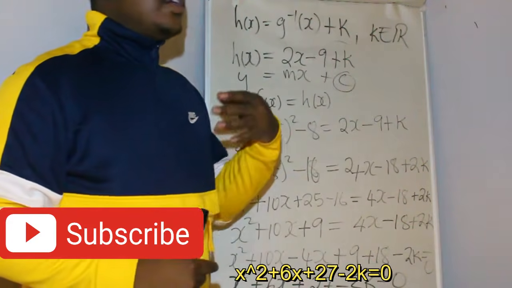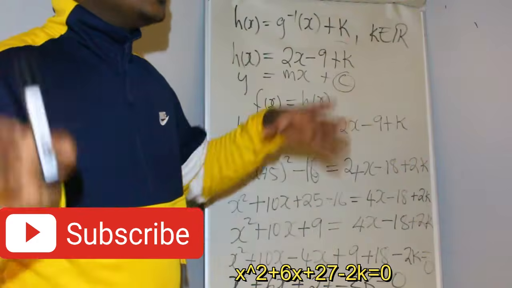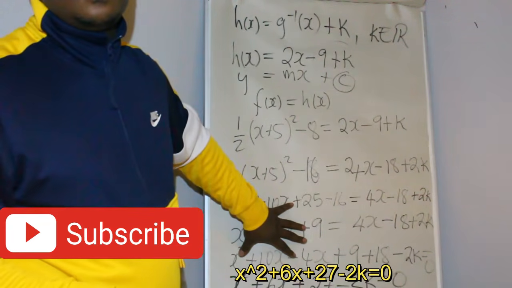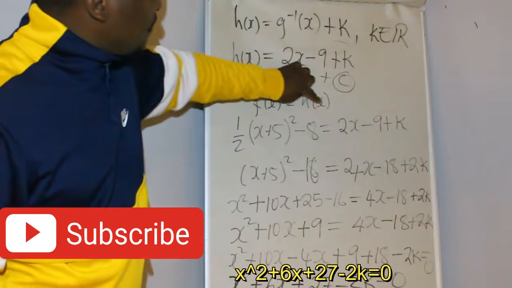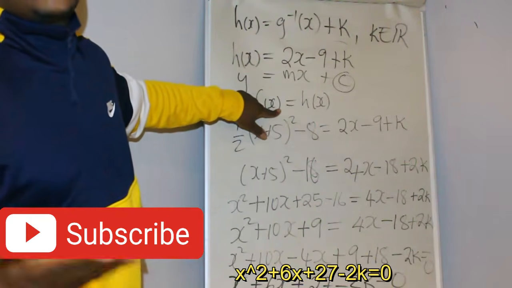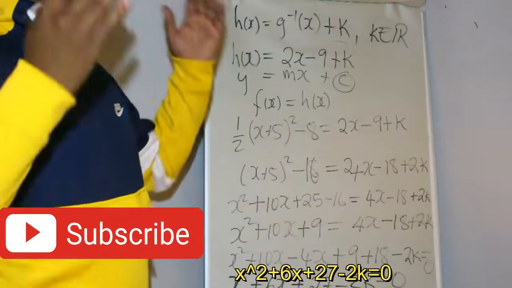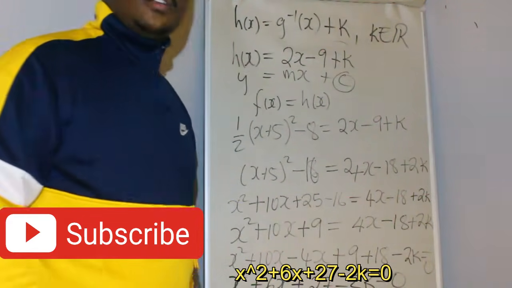So, if you did the nature of roots, then you know that what that means is the discriminant of this equation we are trying to solve should be 0, so that we can only have one equal real solution.